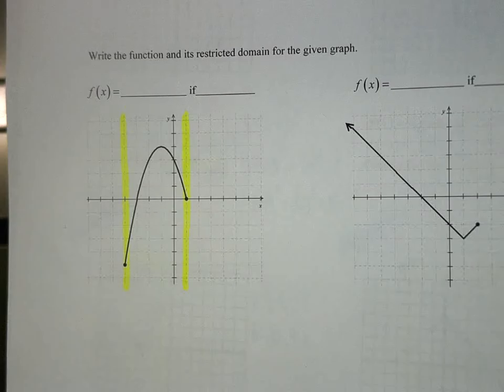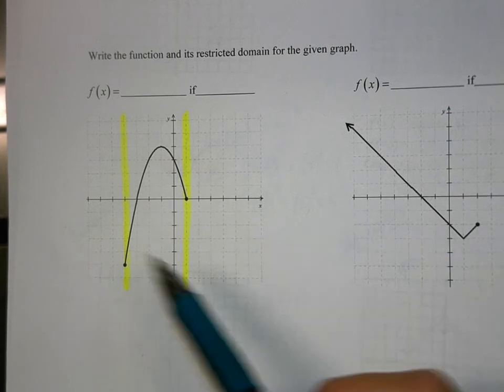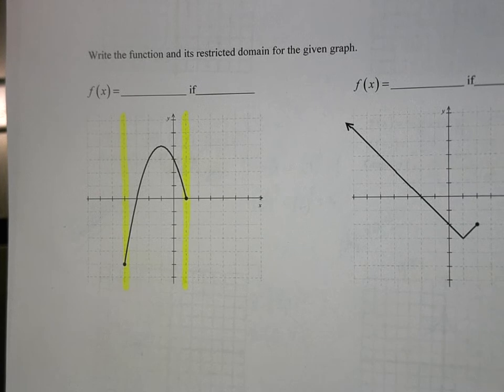Okay? So looking at this, I think it's easiest to start by writing your restriction. Do you see how it's starting and stopping and it's not going to infinity? Do you guys remember how we would write that? You're going to use inequality notation. So the smallest value is where?